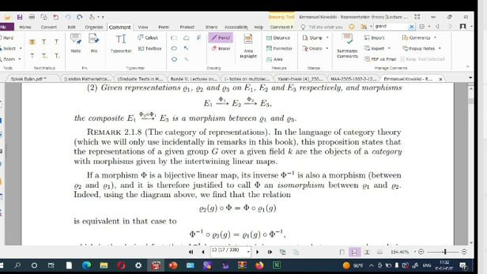If in a morphism phi is a bijective linear map, its inverse is also a morphism between rho 2 and rho 1.